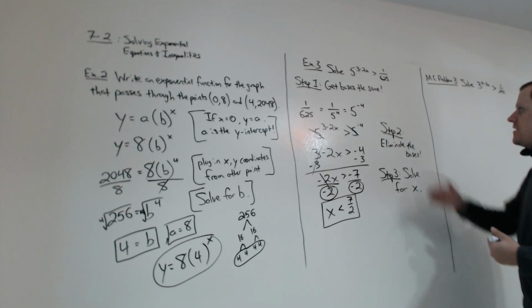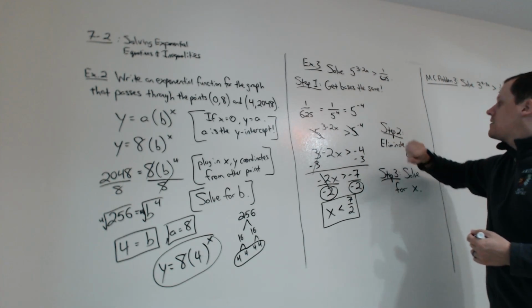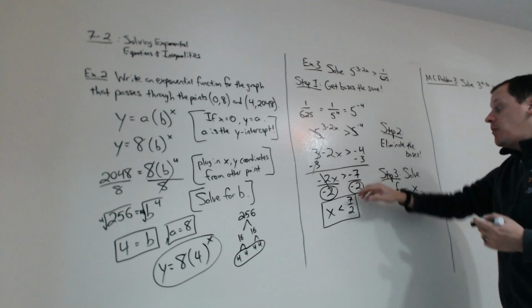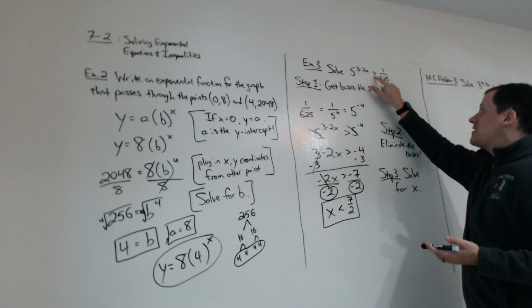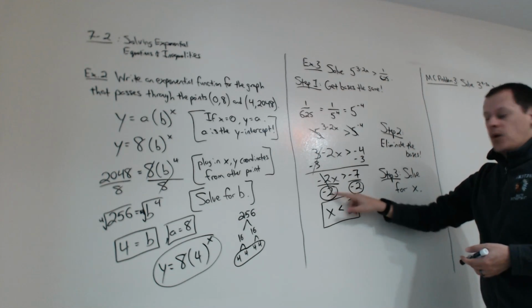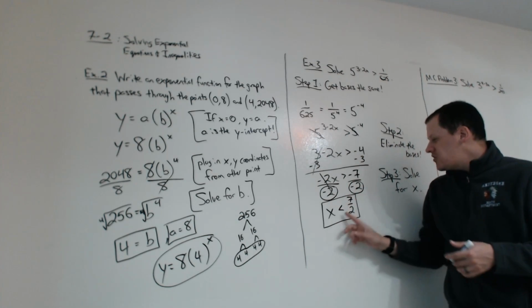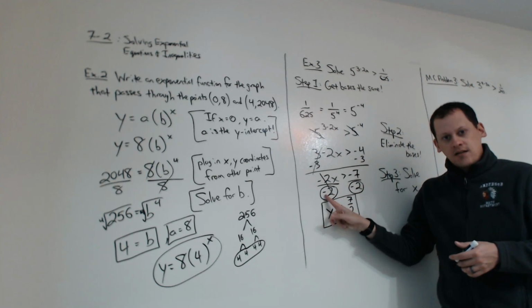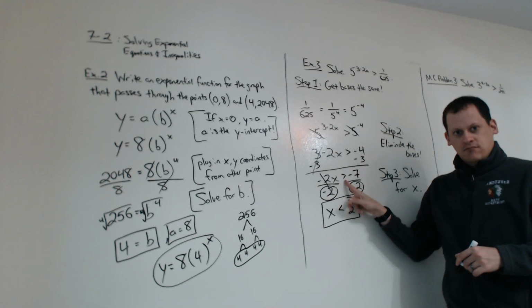Okay, so there were some new things in there. We dealt with a fraction here, turning it into the same base, and we have an inequality, but we found that it really doesn't make a whole lot of difference, the fact that this is an inequality. Really the only place it came into play was right here, where we had to switch the sign. Okay. And if you always forget to change the sign when you divide by a negative, it's actually the same thing if this is an equal sign.